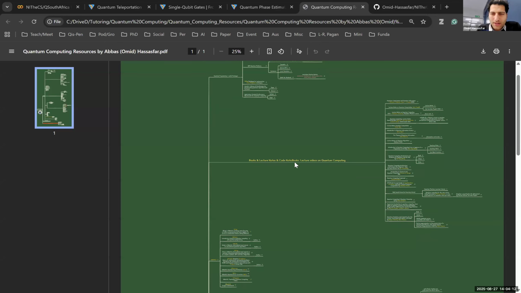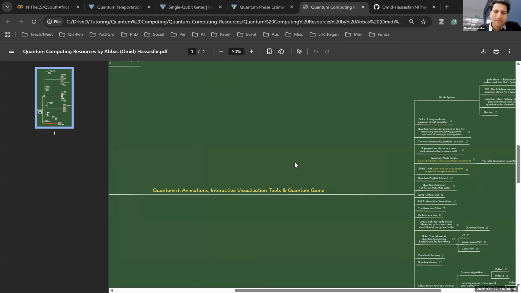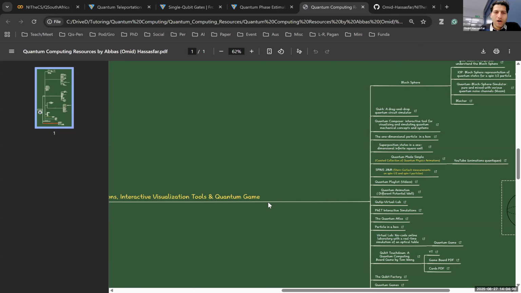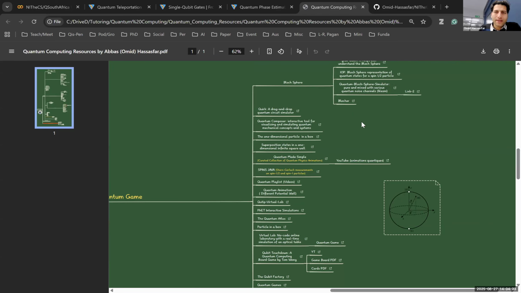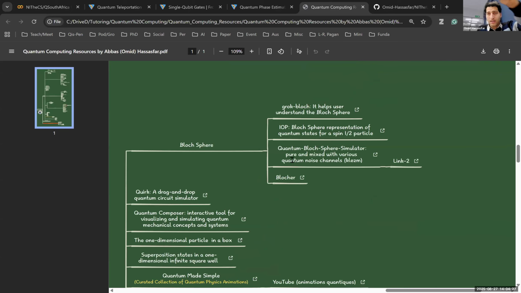One of the resources is quantum animation, interactive visualization tools and a game. I don't have time to talk about this quantum game, but I want to talk about some of the quantum visualization tools that we have. You have access to this in the link that I provided in the Jupyter notebook.